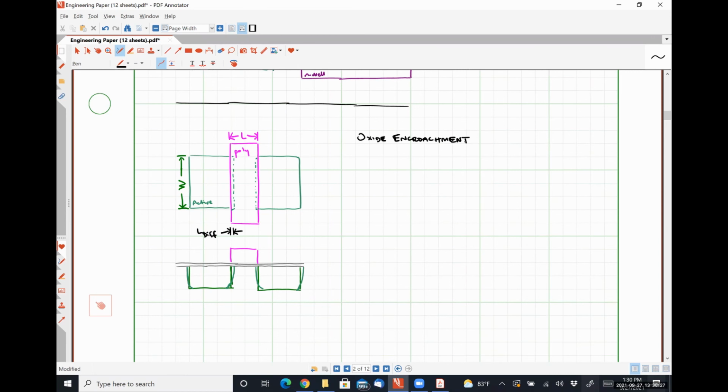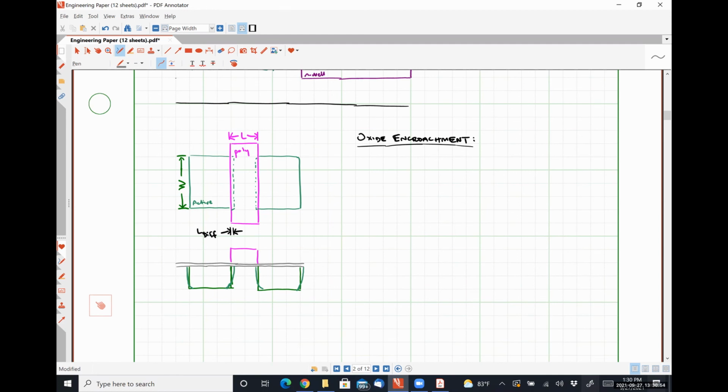So, oxide encroachment. What does the name imply? Let's start there. If this whole thing right here is surrounded, right?